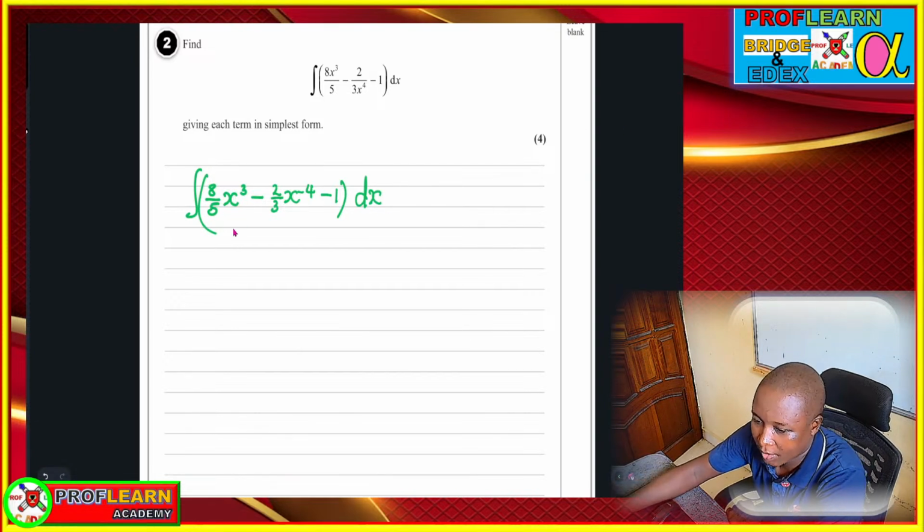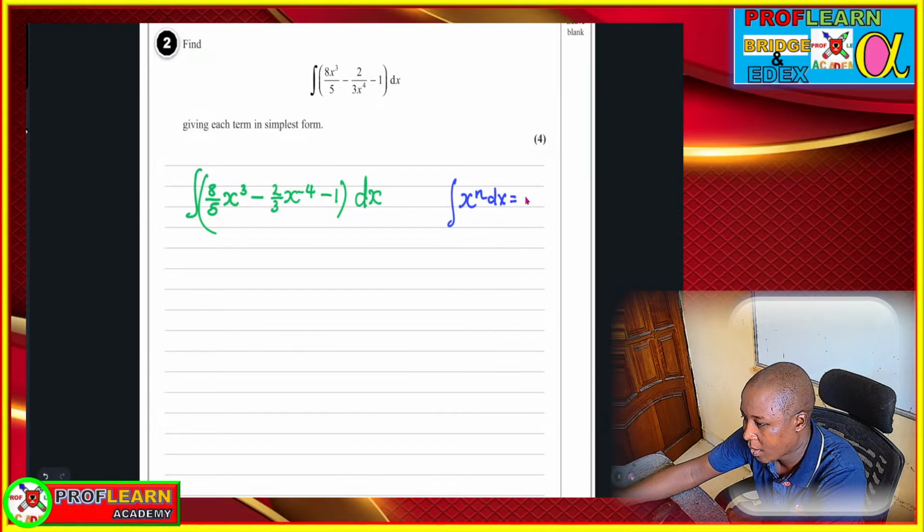Of course, whenever you are having x raised to the power n, and you are integrating this with respect to x, basically it becomes x to the n plus 1 over n plus 1 then plus c. So you are going to increase the power by 1 and divide by it.